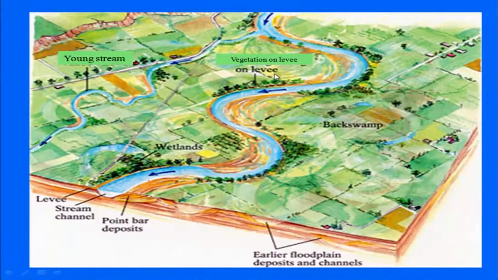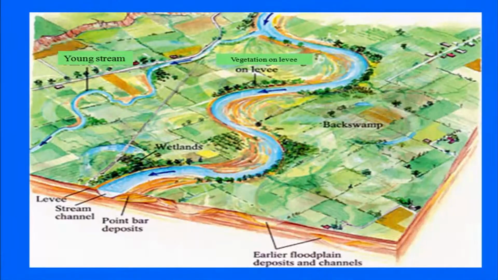Then we have the levee. Levee is nothing but the portion here which will be slightly elevated, and the slope decreases towards the plain area, or away from the channel. So the portion here will be slightly elevated. This is what we call the levees.